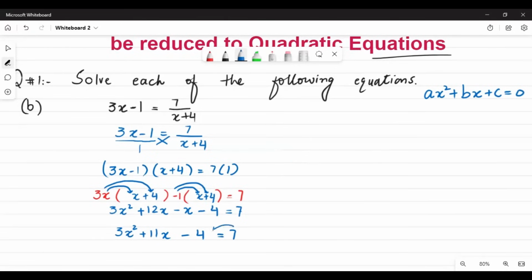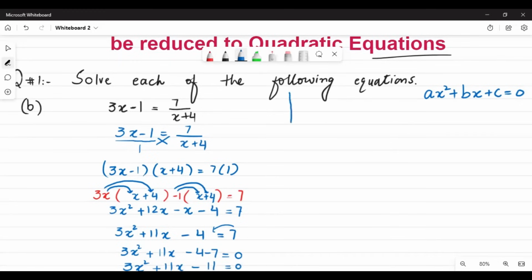If I shift this 7 to this side, it will be 3x square plus 11x minus 4 and minus 7 is equal to 0. And my equation will be 3x square plus 11x, and minus 4 and minus 7 is going to be minus 11, equals to 0.